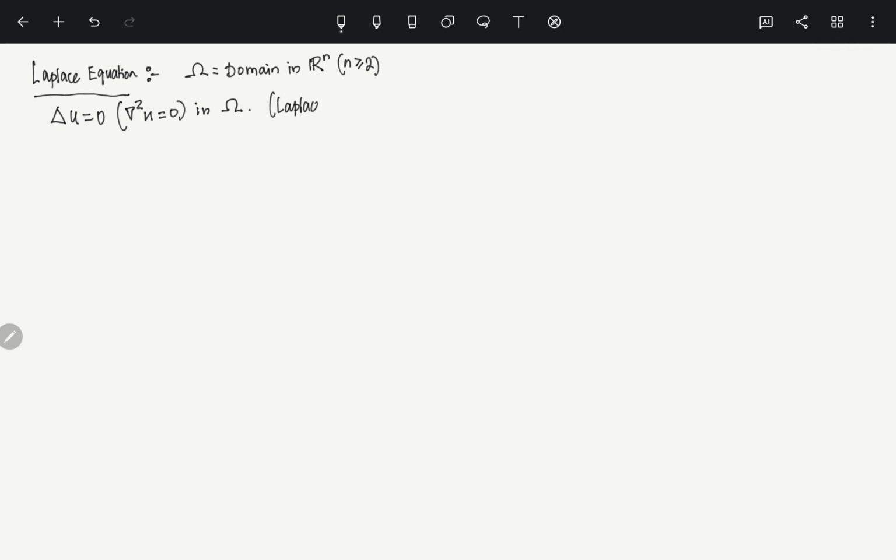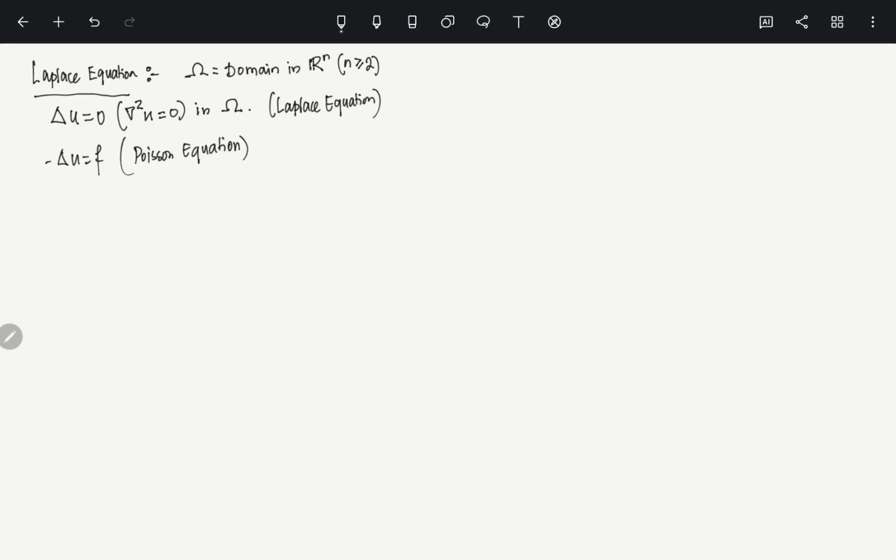And if you remember, we also talked about the Poisson equation, which is given by Laplacian of u equals f. Yes, this is called the Poisson equation. Of course this is also in omega, so all of these equations are in omega.